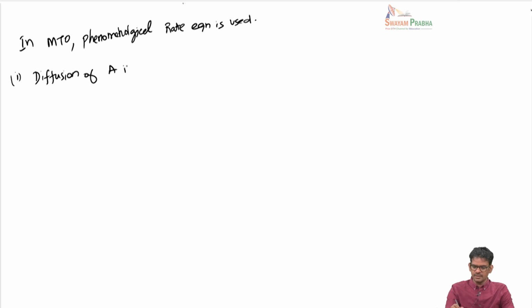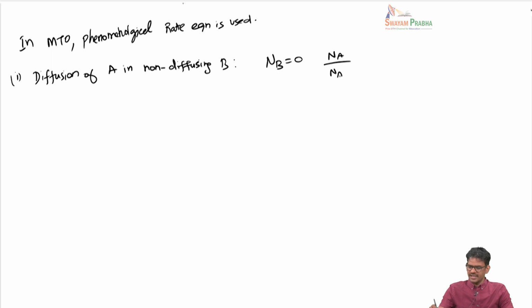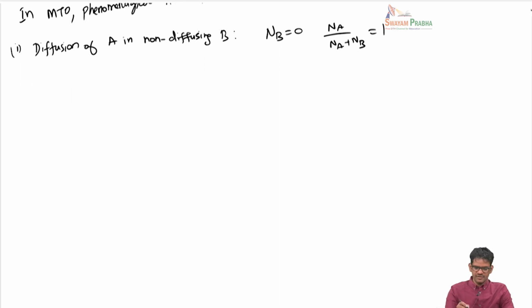Diffusion of A in non-diffusing B, which is basically characterized by the fact that NB is 0 and NA by NA plus NB is 1. So, here we will write for gases.